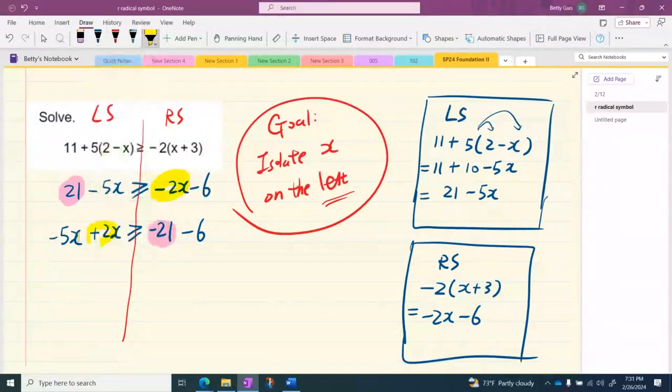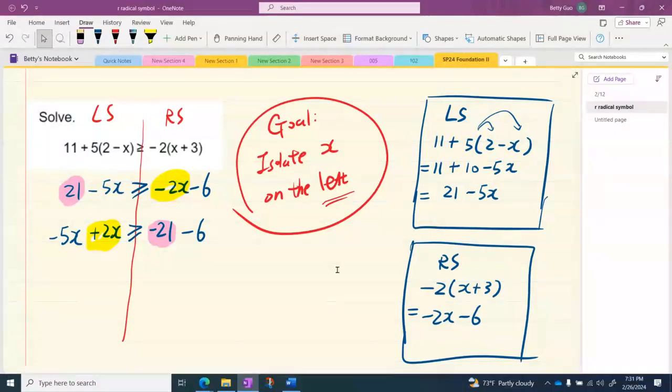This is the transposition of terms. This is what happened after we collect like terms by using transposition of terms. Again, negative 5x doesn't change. Keep on the left, negative 5x, still negative 5x. Negative 6, that term doesn't change. You do have to identify 4 terms in the inequality.